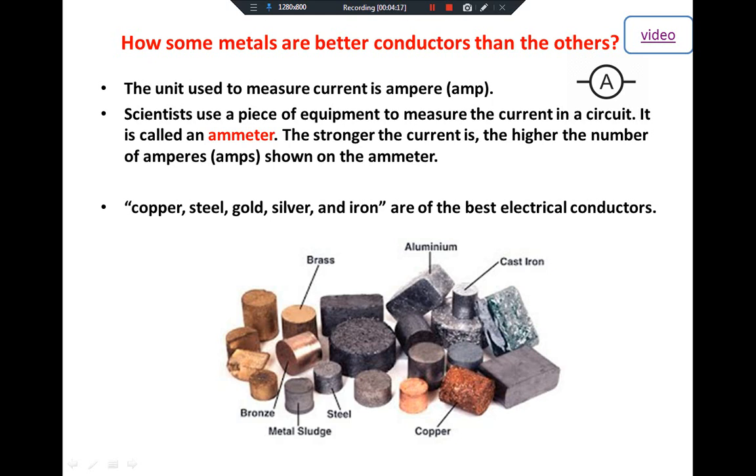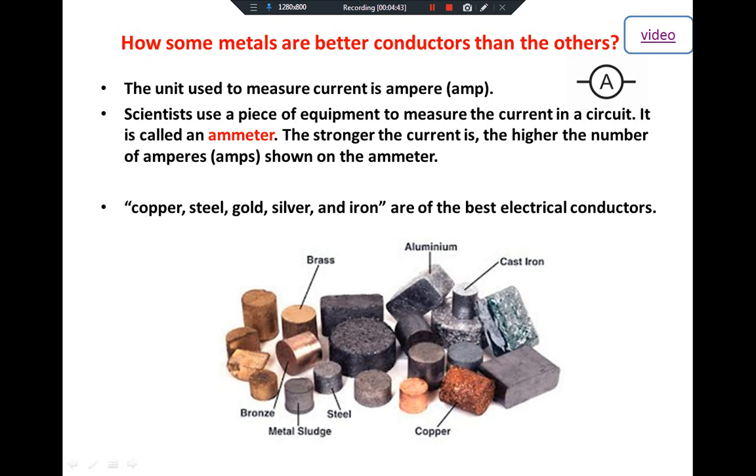So we know that we have different types of metals. Of course, when we have different types, we must understand that some of the metals let electrical currents go through them easily, but at different levels. Some metals let electrical current go through them very easily, while some others don't.